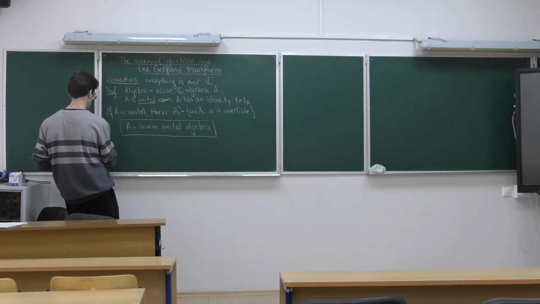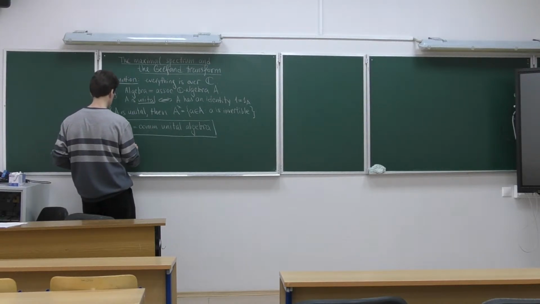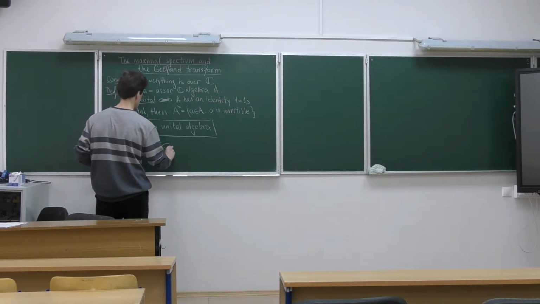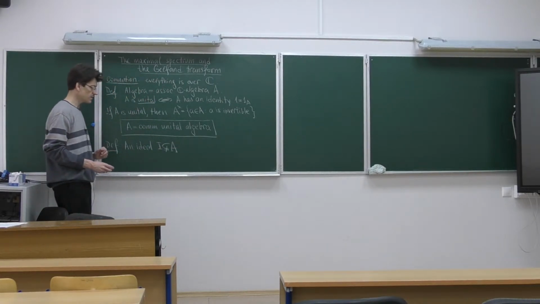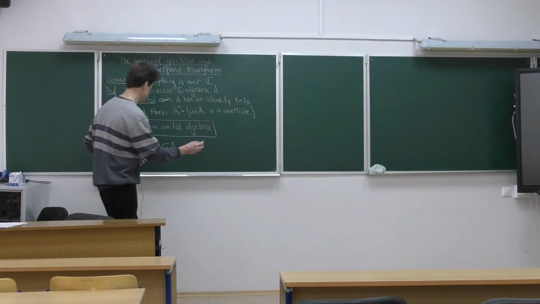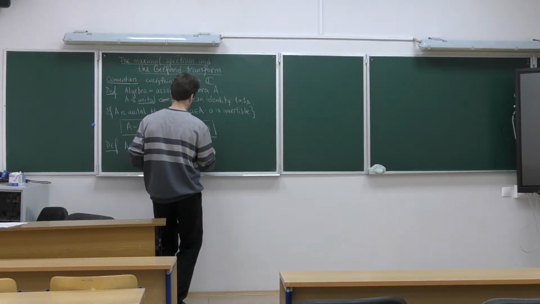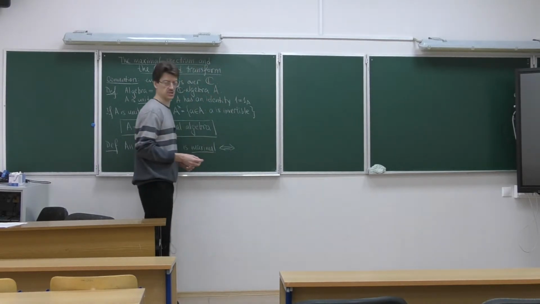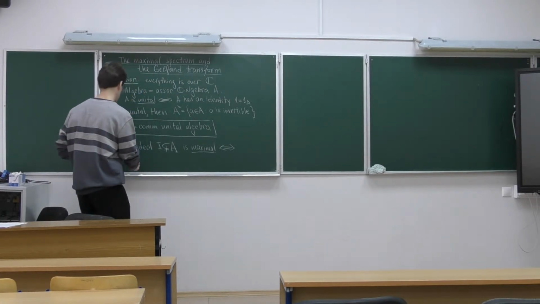And we give the following definition. Suppose that we have a proper ideal I of A, proper in the sense that it is not the whole algebra. We say that the proper ideal I of A is maximal if it is not strictly contained in a bigger proper ideal.